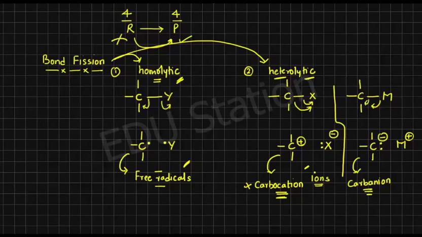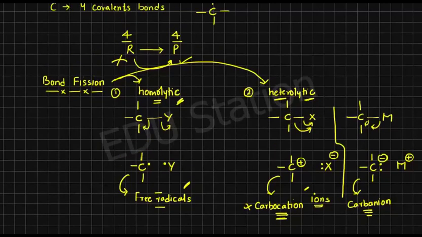Now, there are many reactions in organic chemistry, but just think with logic that if reactants are forming products and on both sides carbon has 4 bonds, the bonds of reactant must break, then only the bonds of product can form. This breaking of bond can either be homolytic or heterolytic, leading to formation of intermediaries. Intermediary is something which is formed in between reactant and product. So, these intermediaries can be free radicals, carbocations or carbanions.